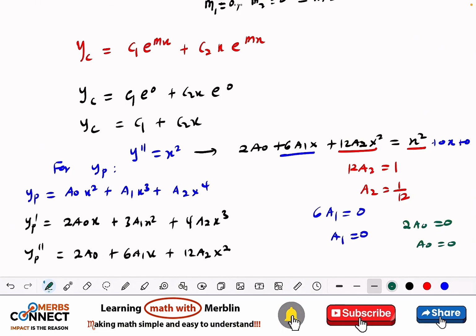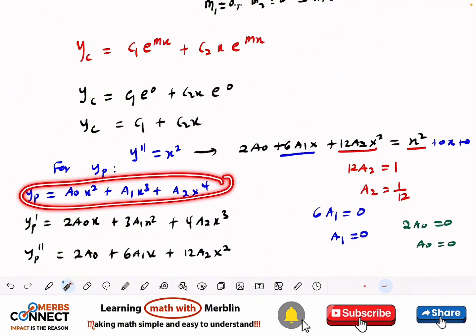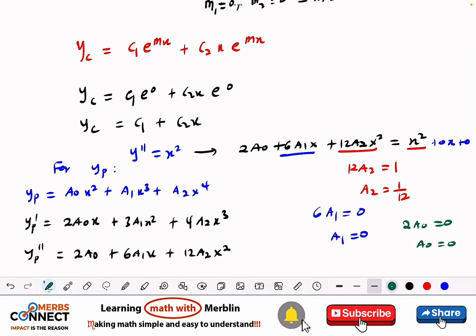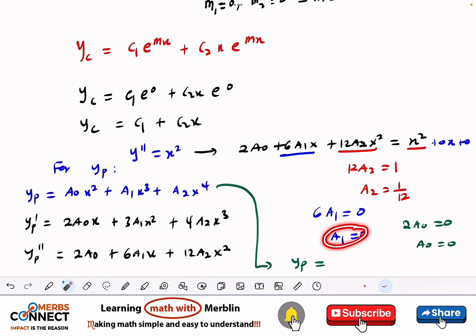So from here, this was our particular solution. From the particular solution here, we are going to have yp, which is equal to, now remember, a naught is 0, so this one will disappear. A1 is 0, this one too will disappear. So we will be left with this term, which is 1 over 12 x to the power 4. So now this is the particular solution. We add it to the complementary solution here, and we get the general solution.